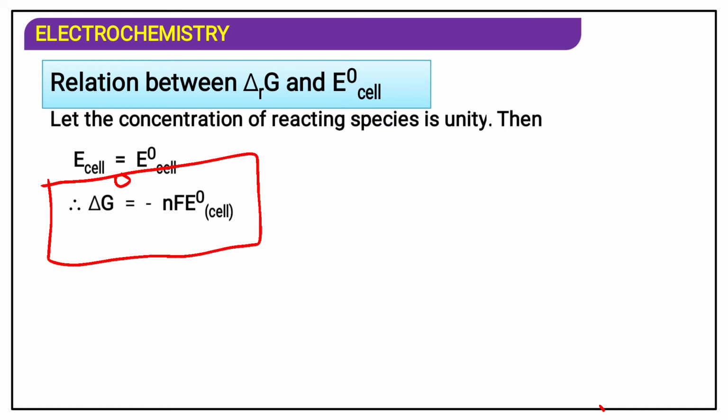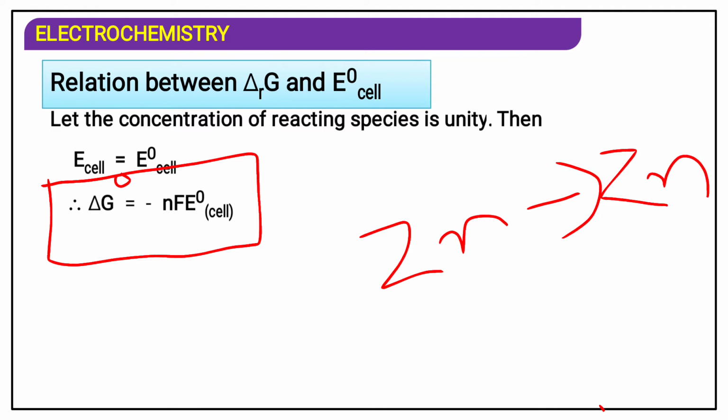Suppose in this reaction Zn is converted into Zn2+. How many electrons are involved? Two electrons. It means we have to take n as 2. The F value is always constant.